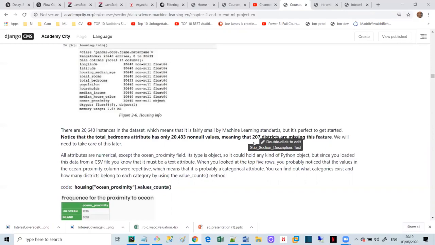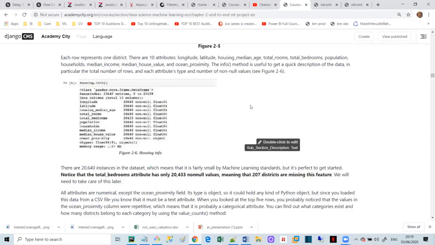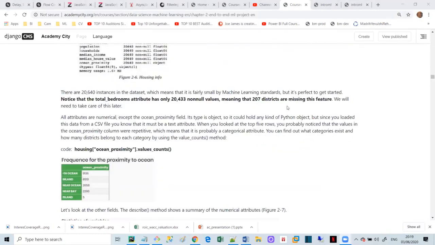But at least the info function helps me find out if I have all the data for every column. What do we use the info function for in a data frame? To count data per category. Correct. We count how many data points we have in every field, in every column.